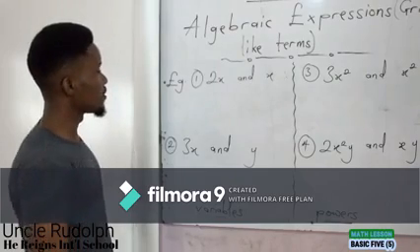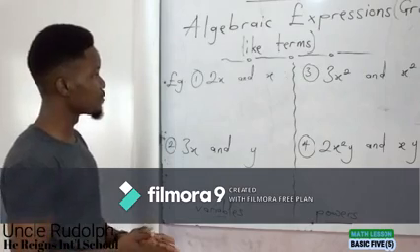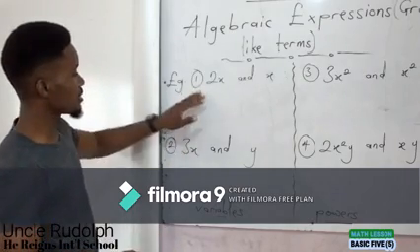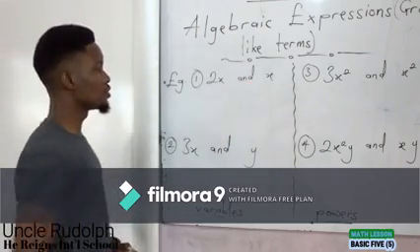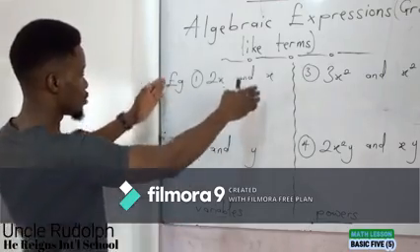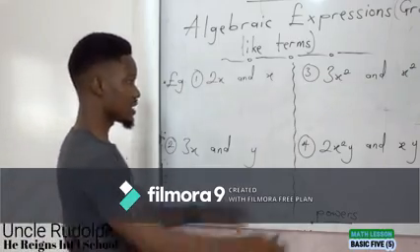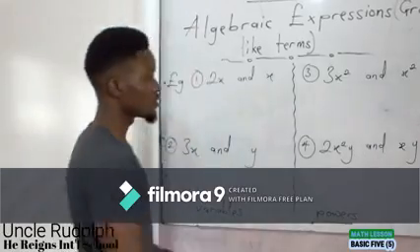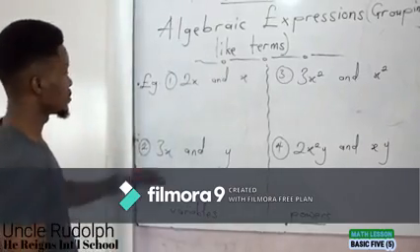Perfect. Now, this brings us to a set of word examples. So, with the first example, we have 2x and x. We want to determine whether they are like terms. Now, bear in mind that the first two examples have to do with variables, and the other two examples also have to do with powers. Right, so let's take the first example.